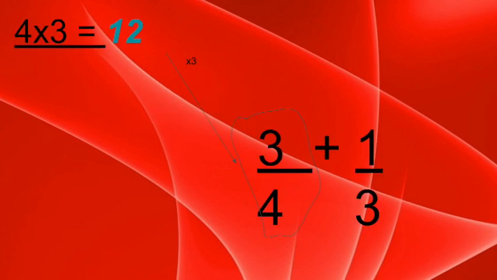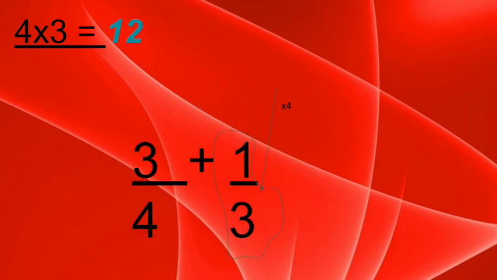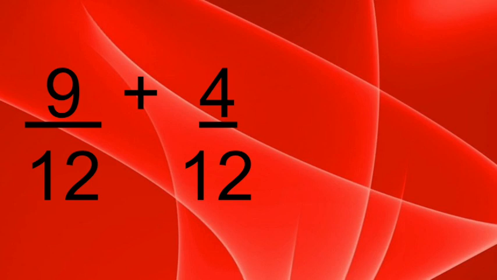Because it's 4 times 3 equals 12, we have to times the 3/4 by 3, what I circled, and we'll times the 1/3 by 4. Then you end up with 9/12 and 4/12. I just timesed this side by 3, that side by 4.